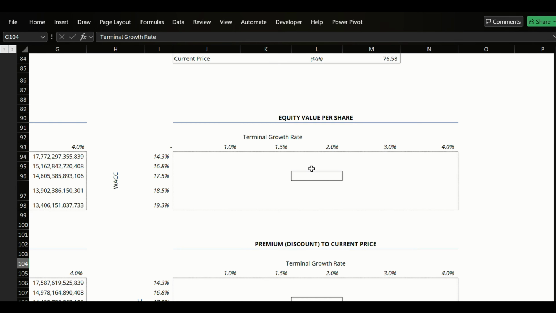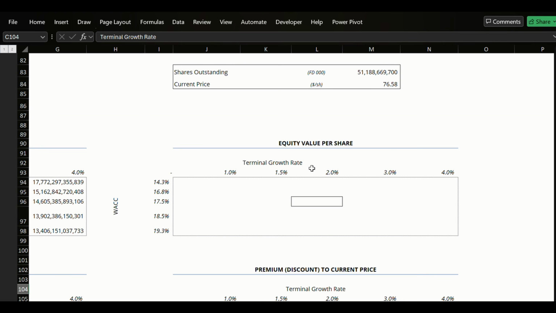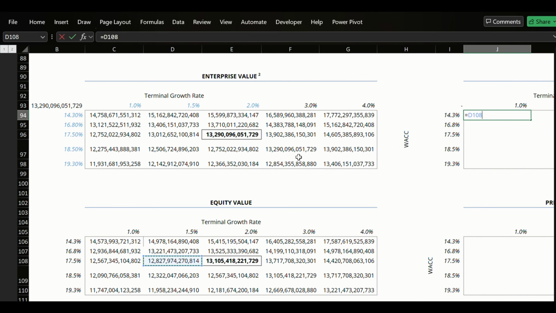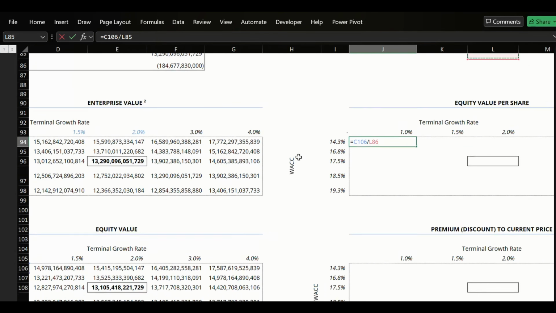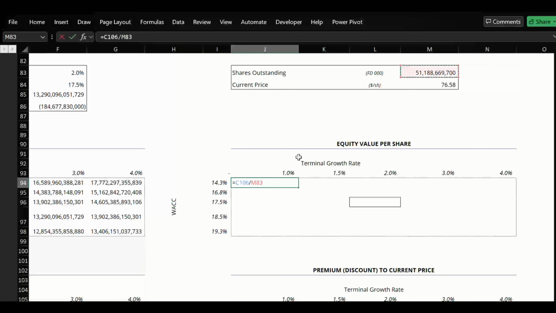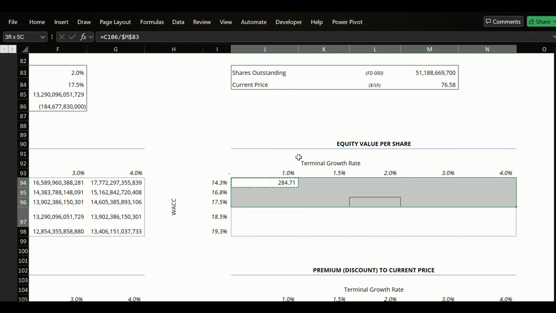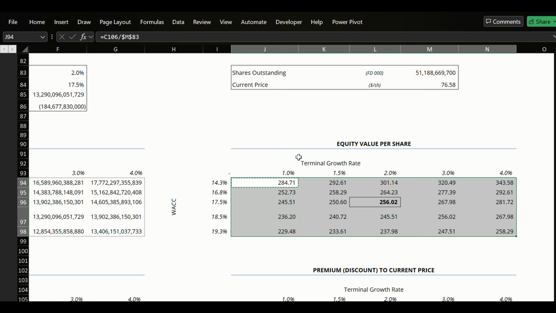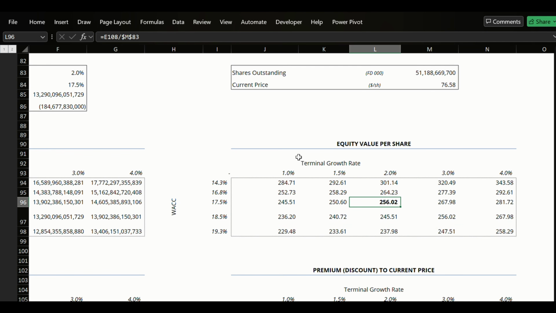Let me just connect the equity value per share. Just connect this. Shares outstanding. Then check this out. Okay, it's perfect.